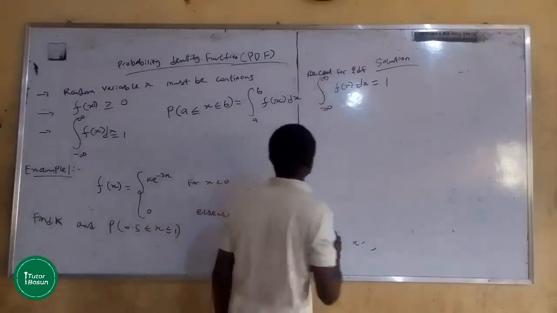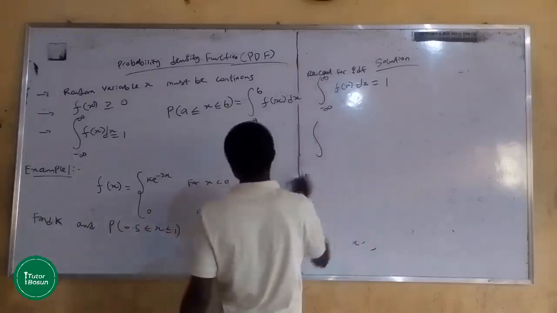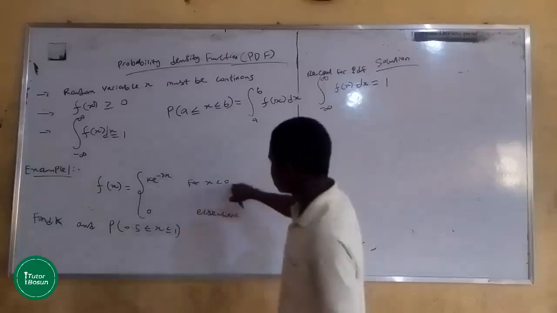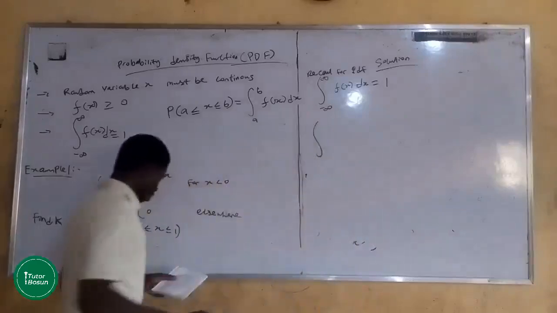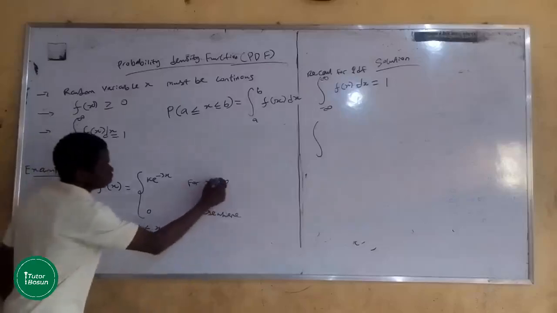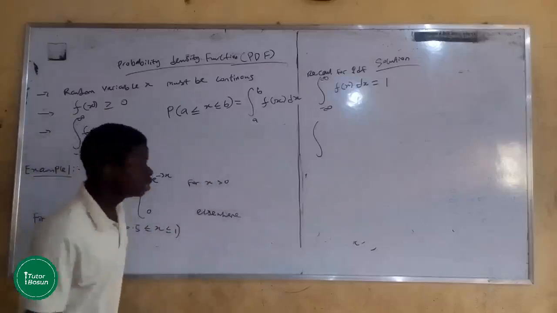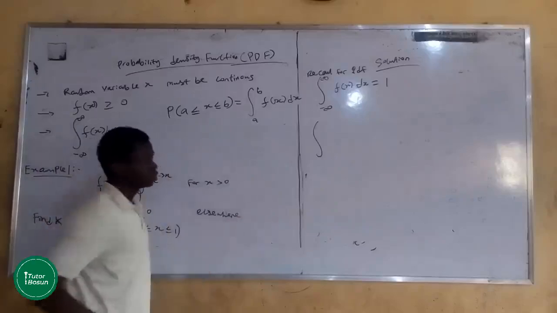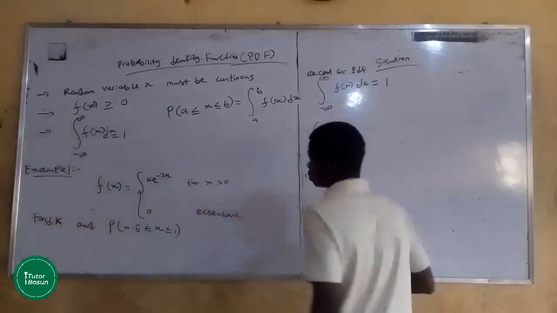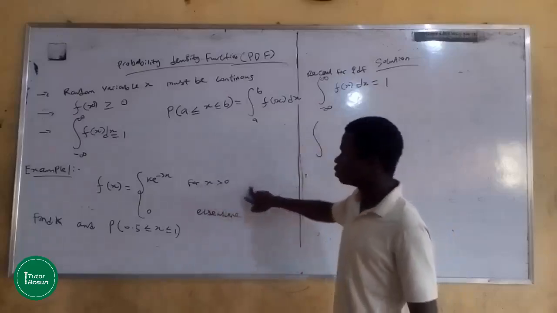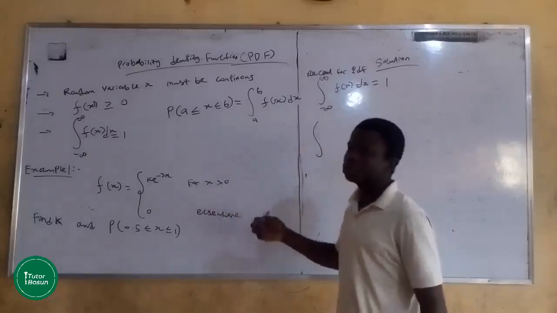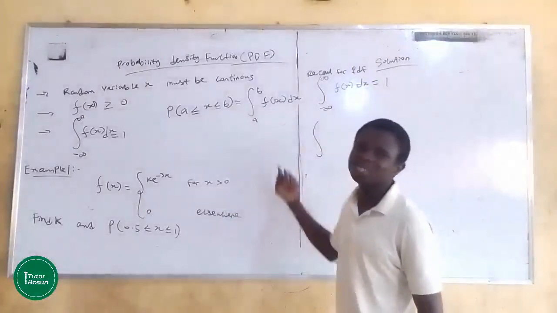So now integrating, here it is x greater than 0, not x less than. I wrote the wrong question. So for x greater than 0, that will always be from 0 to infinity.